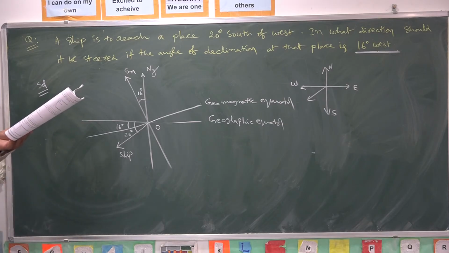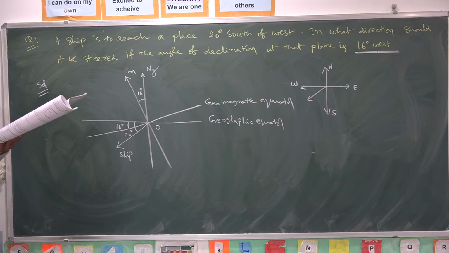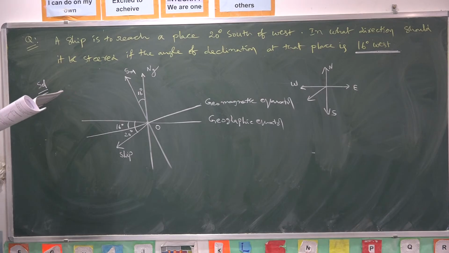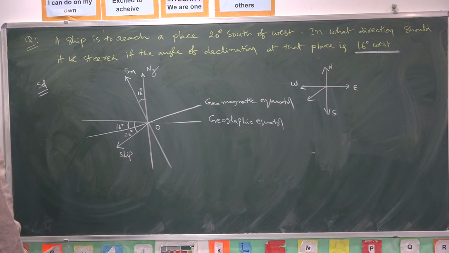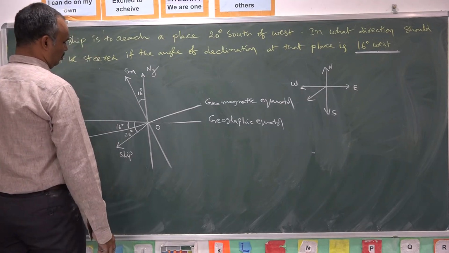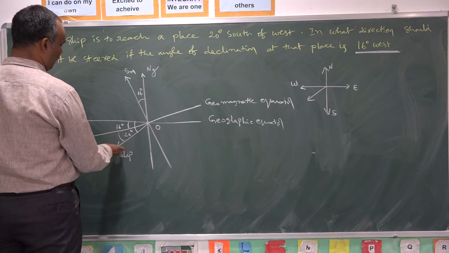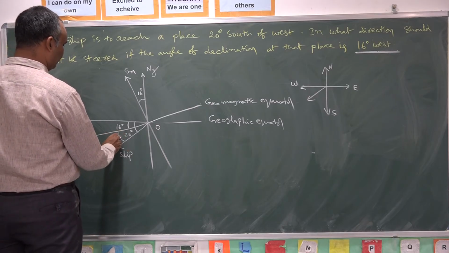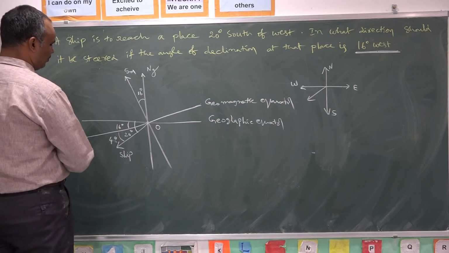Now let us go to the solution. It should be steered at what angle? At what angle means? This angle will be 4 degrees. This angle will be 4 degrees.